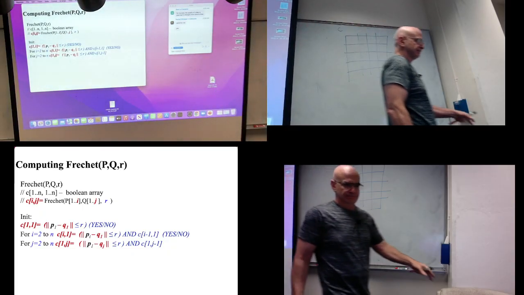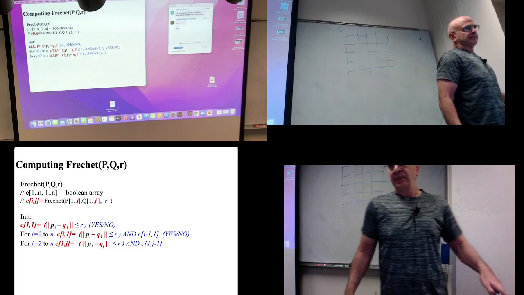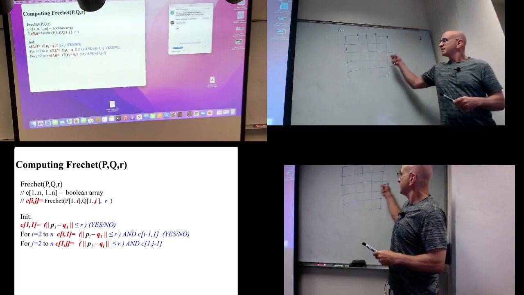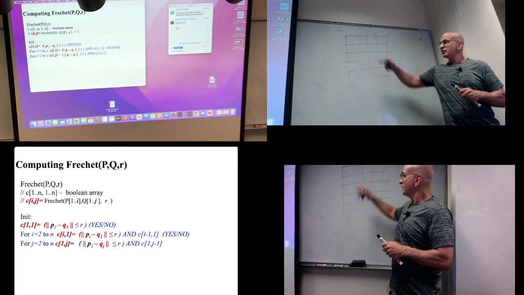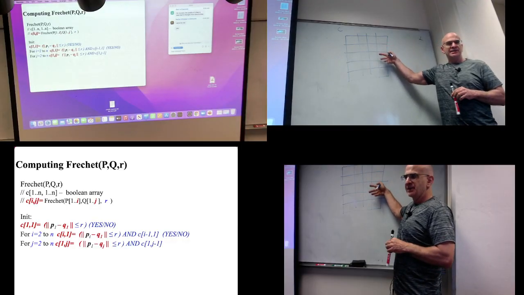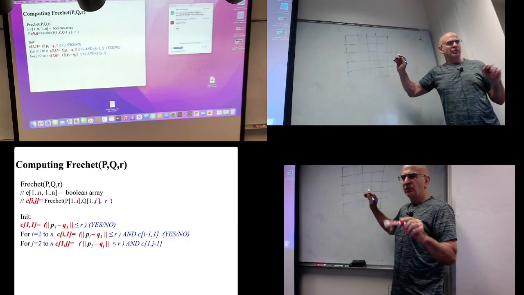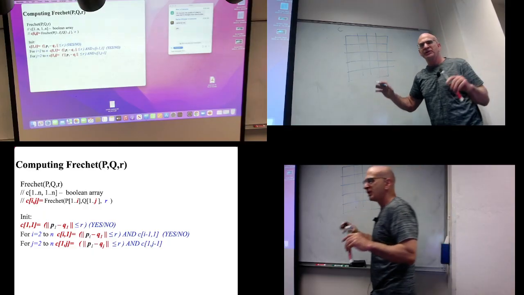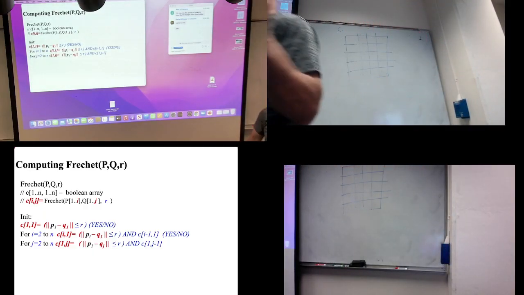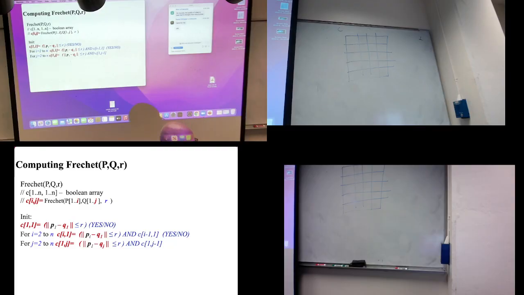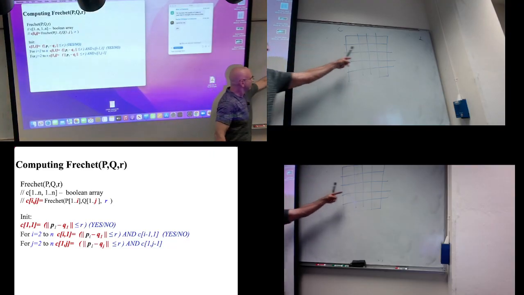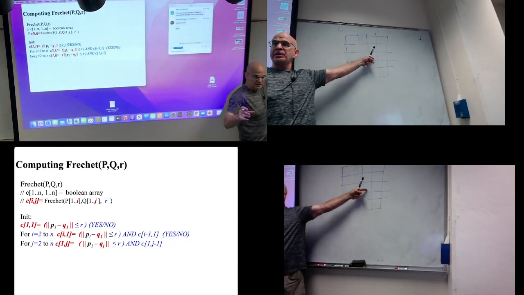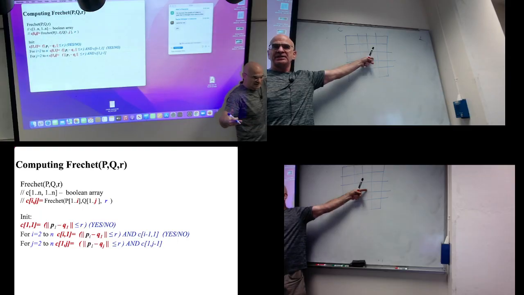In the case of the LCS, this two-dimensional array C contains, in every cell, the distance between some prefix of one string and some prefix of the other string.